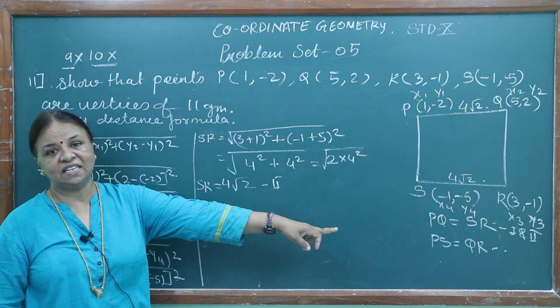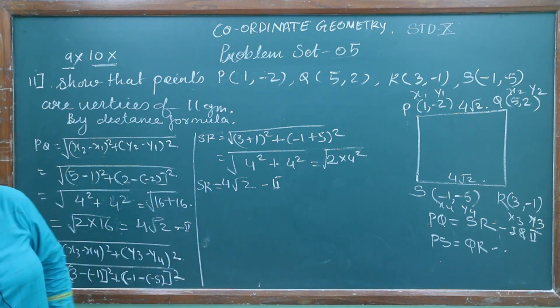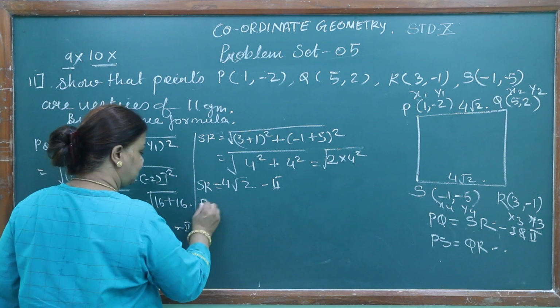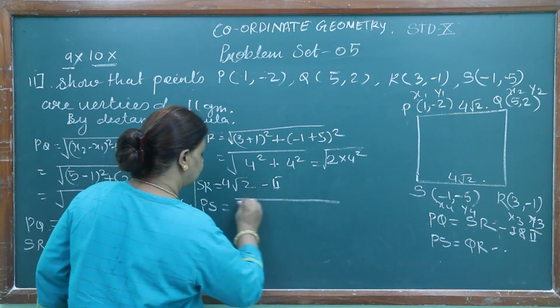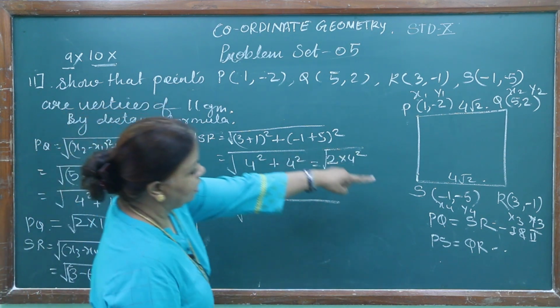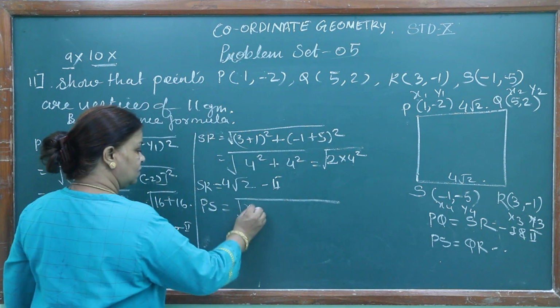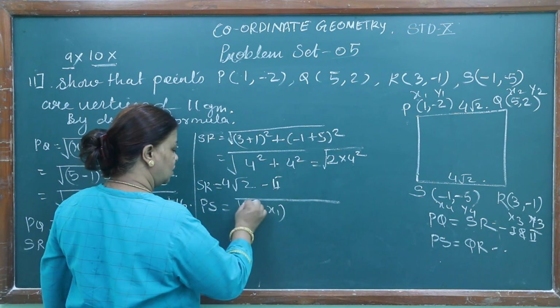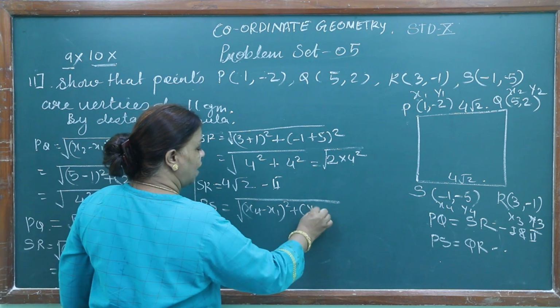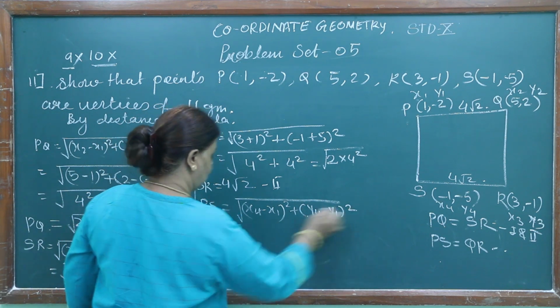Now let us find PS and let us find QR. So for PS, again by distance formula, x4 minus x1 the whole square plus y4 minus y1 the whole square.